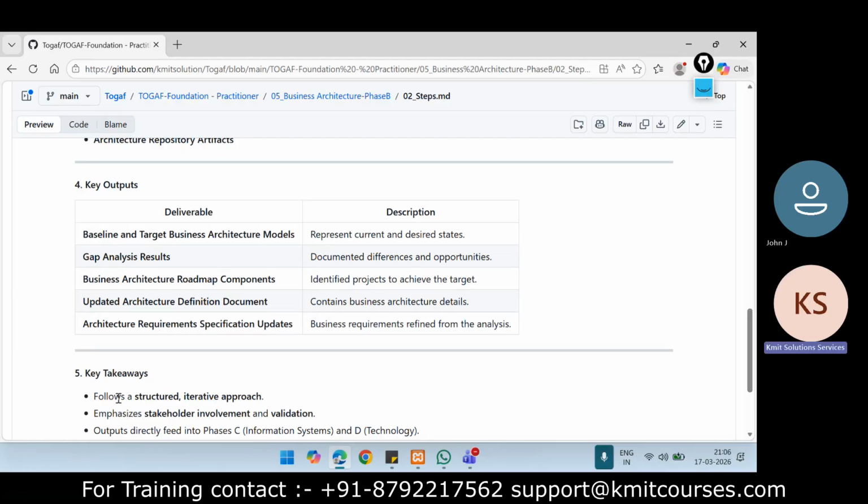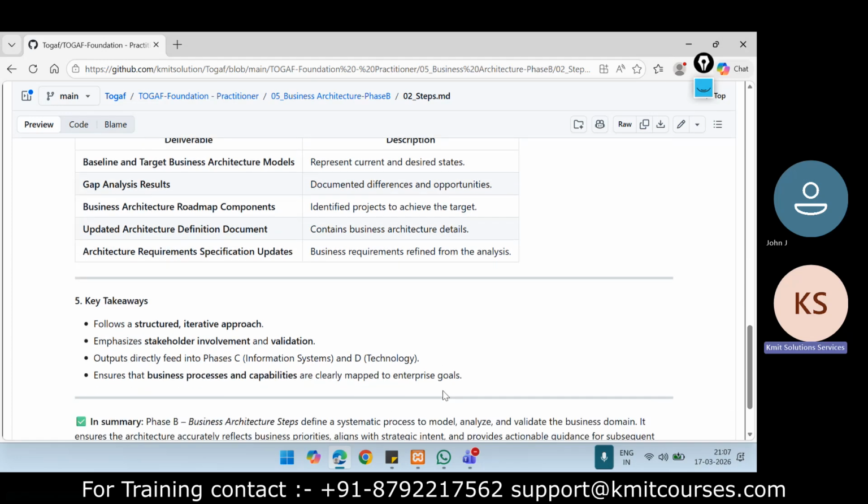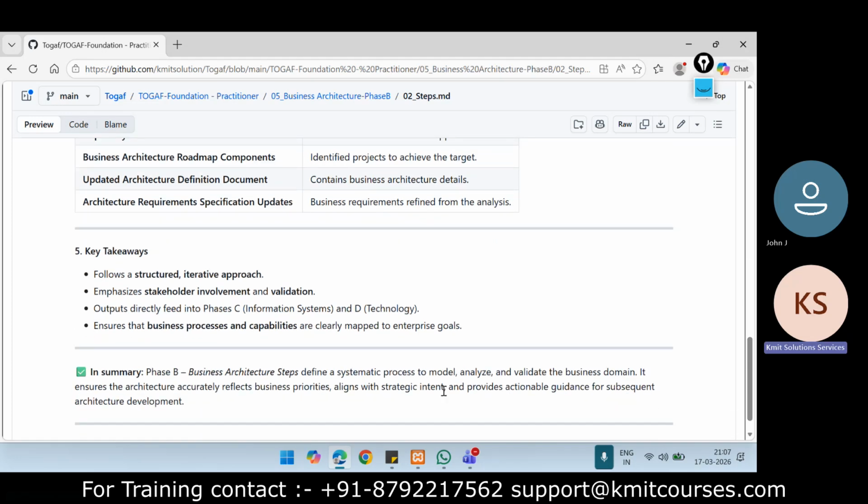So you need to follow a structured and iterative approach that emphasizes stakeholder involvement and validation. Because it is related to the business entities, you need to be in touch with the stakeholders. Any approval or validation you want, you can get from the stakeholders. Okay, and this will be the input for the C and D phases of ADM.